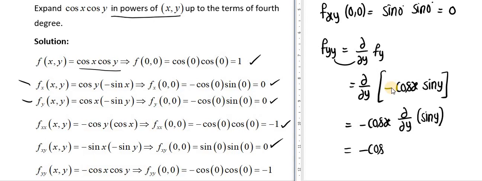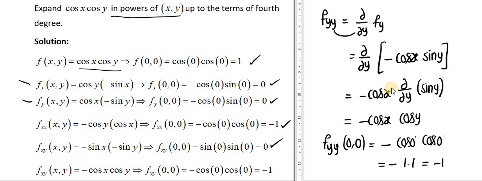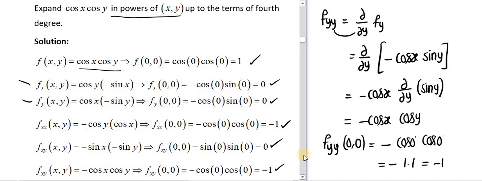Sin y differentiation is cos y. So fyy value is minus cos x into cos y. fyy at 0, 0 is minus cos 0 into cos 0. We know cos 0 is 1. That's why fyy is minus 1.